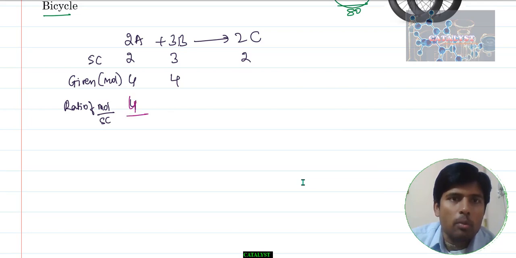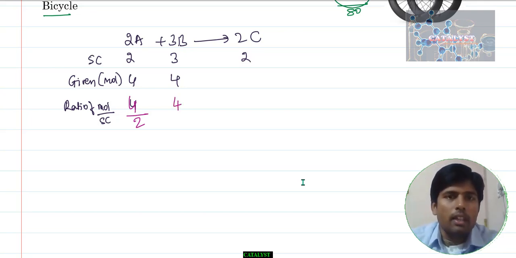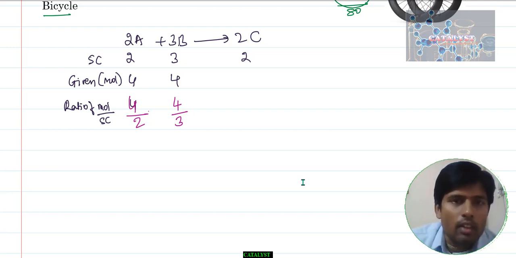So I will change the color. 4 by 2. This will be 4 by 3. Now if we calculate these values, this will be 2 here and this will be 0.75. Now our target is to identify the minimum ratio.